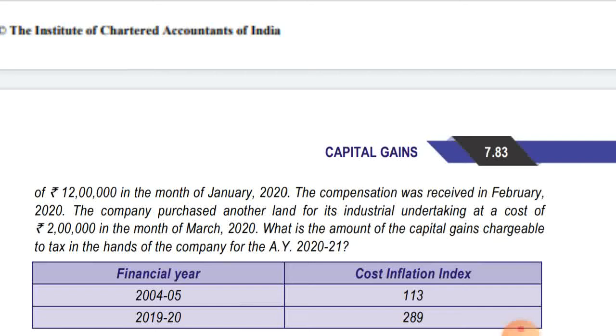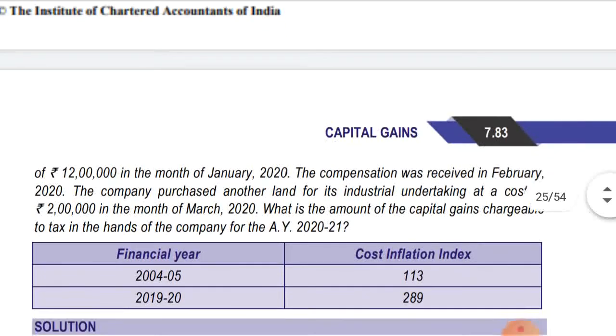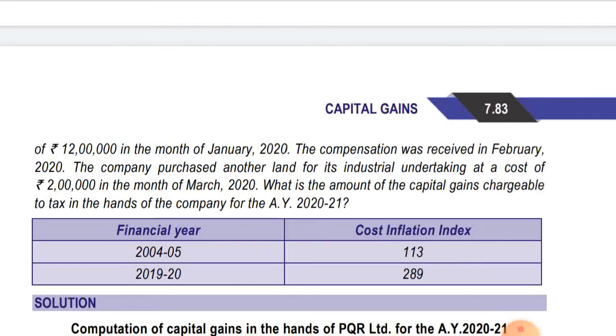Okay, if we spend the whole amount of capital gain in the purchase of new land. In this case, only 2 lakh has been spent on the purchase of another industrial land, so only 2 lakhs exemption will be given under section 54D. The financial year and cost inflation index are given for 4, 5 and 19-20. Let's see the solution.